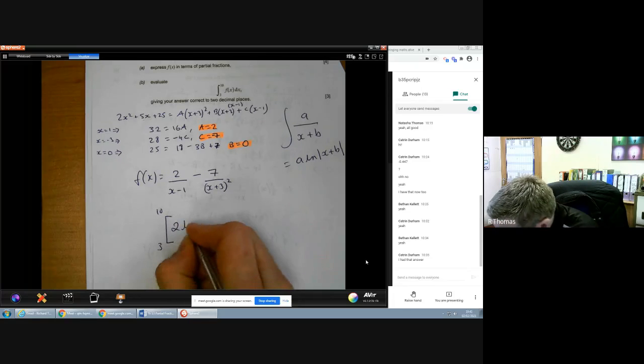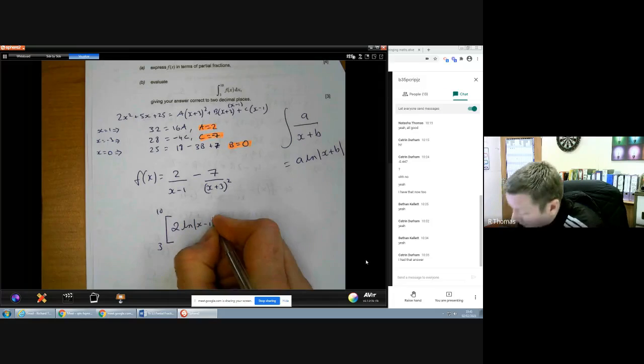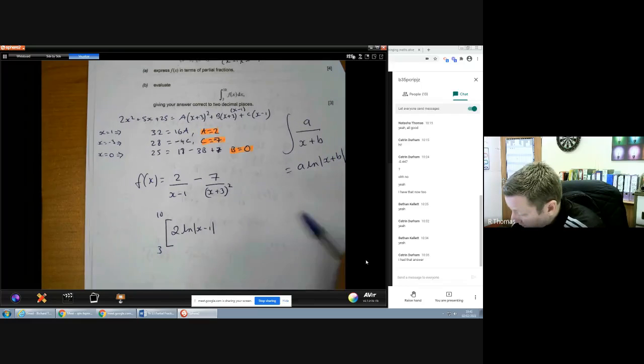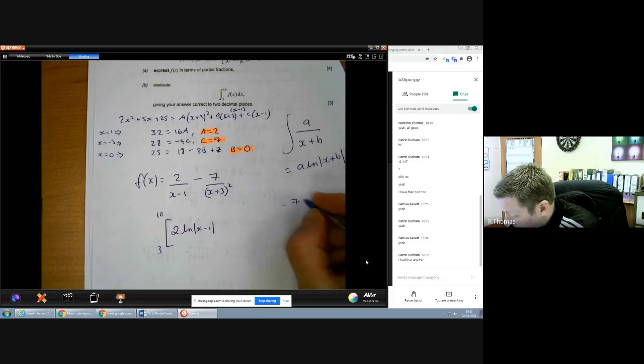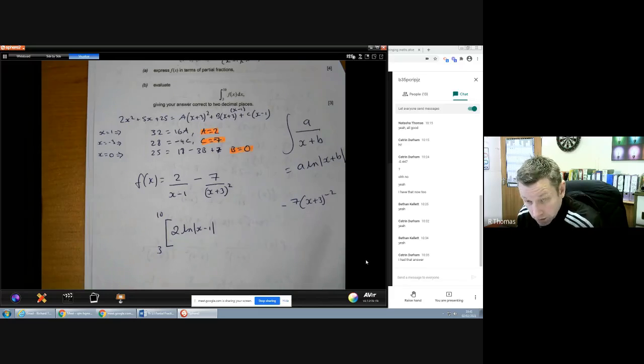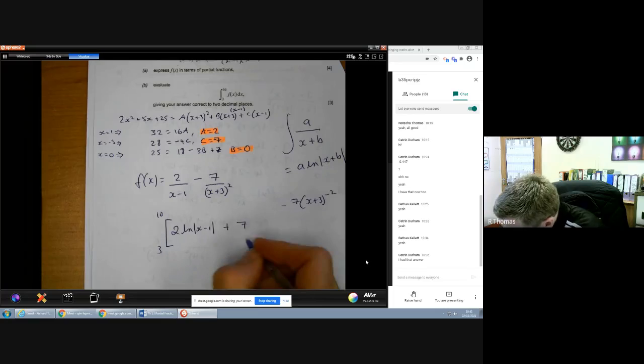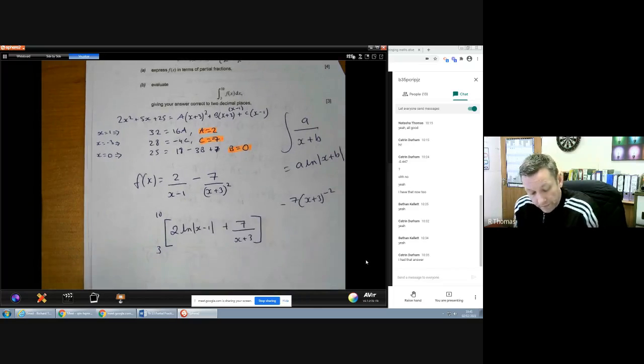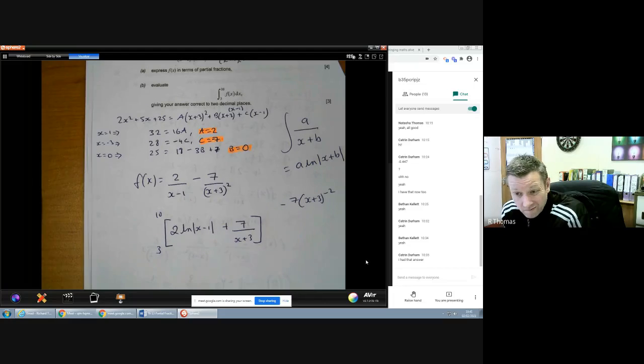So it's 2 log x minus 1. Think of this as being written minus 7 brackets x plus 3 to the minus 2. Raise that power by 1, goes to minus 1, and divide it by the new power. Minus 7 over minus 1 is plus 7 over x plus 3. Everybody with me still? I'm going to assume a yes.